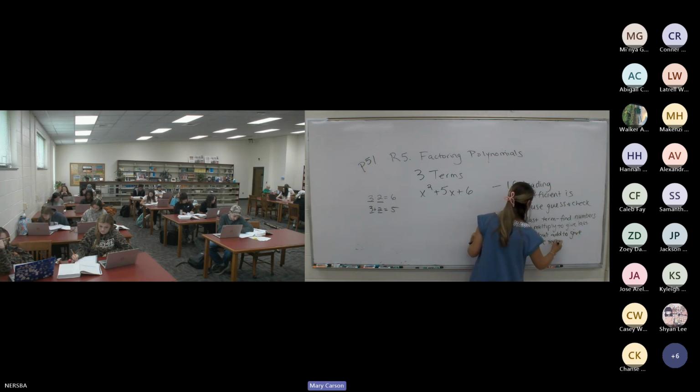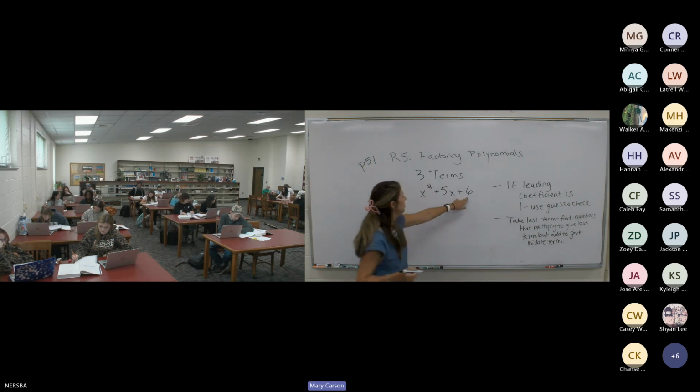Does that make sense? So again, you want to find two numbers that multiply to give you the last term, but add to give you the middle term.